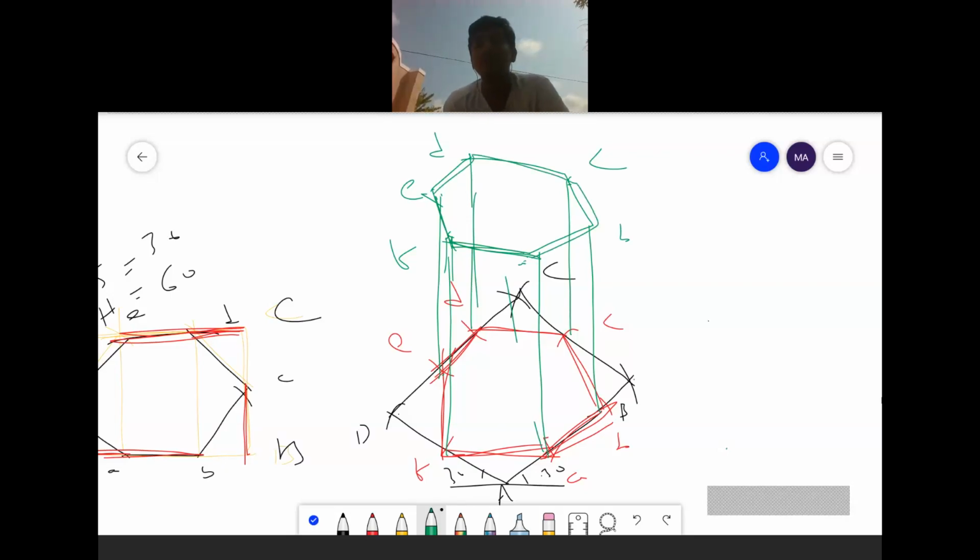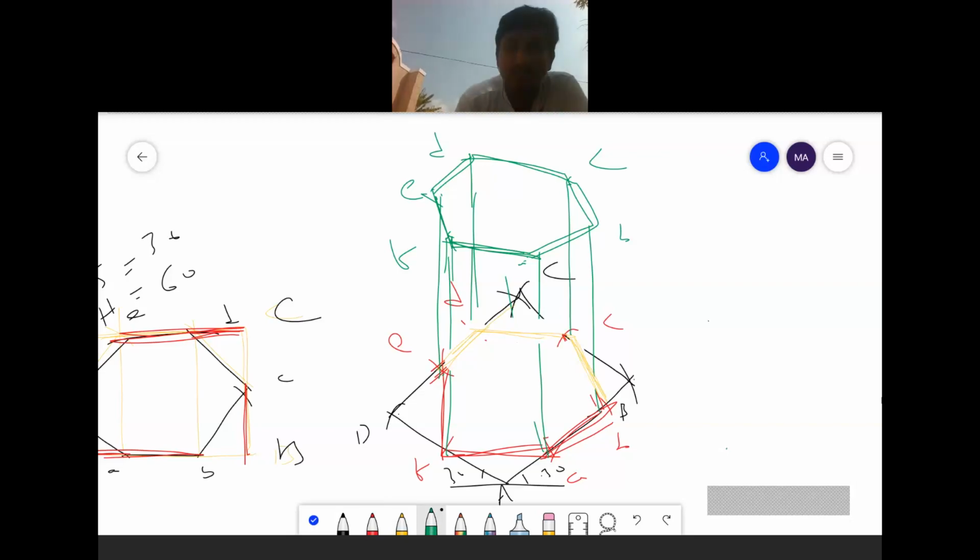Here there are some visible views, some invisible views. I will indicate visible views with a red pen and invisible views with a yellow pen. Understand? This one is an invisible view. This one is also an invisible view.